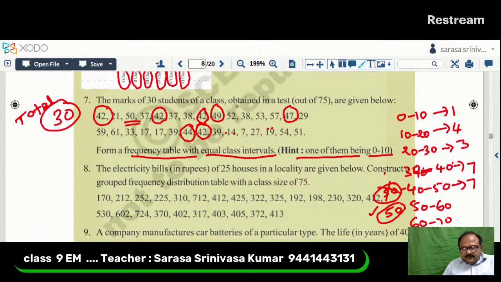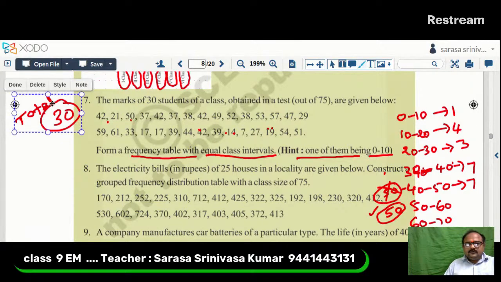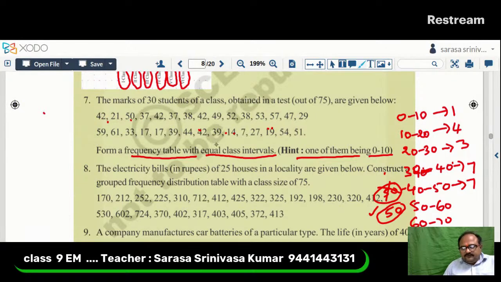Now we consider the next class interval. Here next class interval is 50 to 60 marks.